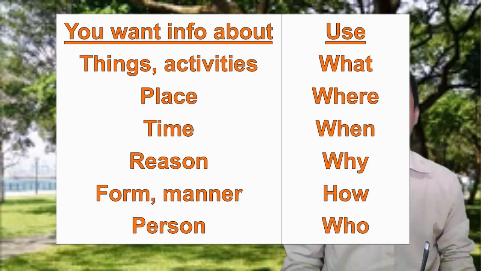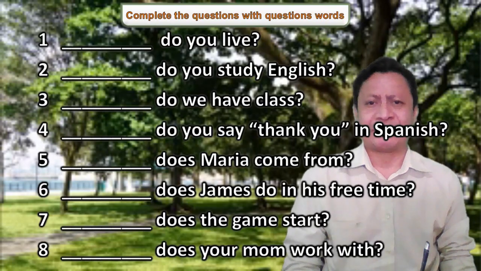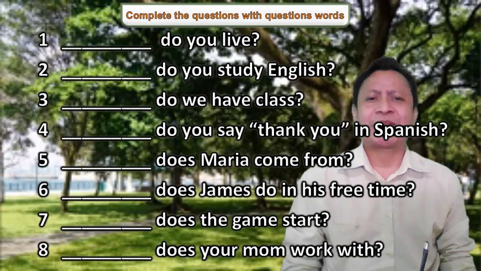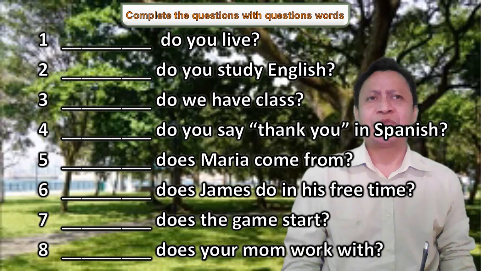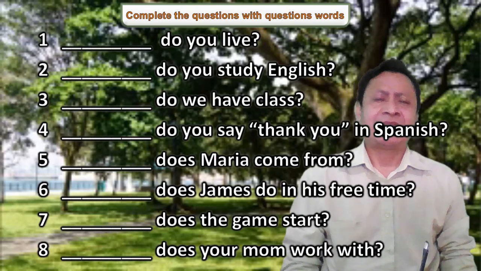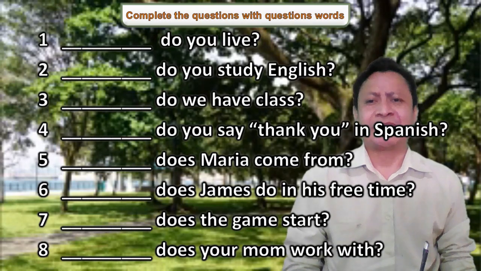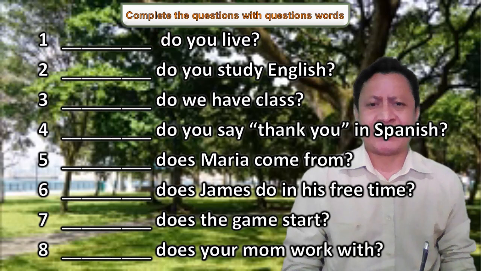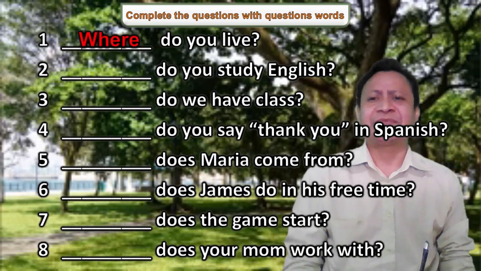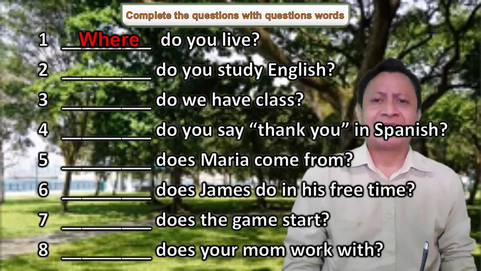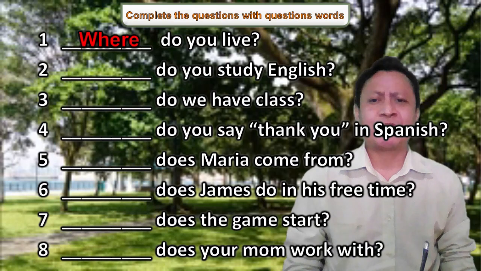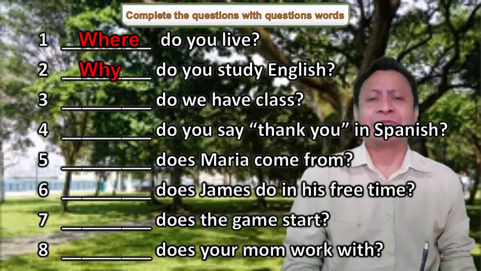Very good, okay. So let's do some examples with this information. Let's complete the questions with question words. Number 1: what do you think? Do you live? Okay, it's asking about the place. What is the question word for place? Where. Okay. Number 2, do you study English? This has different options depending on the context, but here we're going to use why, the reason.